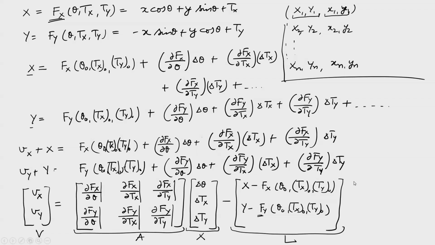I can write this for n observations like this: Vx1, Vy1, Vx2, Vy2 and so on up to Vxn, Vyn. Finally, if I solve it, I will get x equals (AᵀA)⁻¹AᵀL, and if I know the weight matrix P of the observations X and Y, I can write the weight matrix also here.